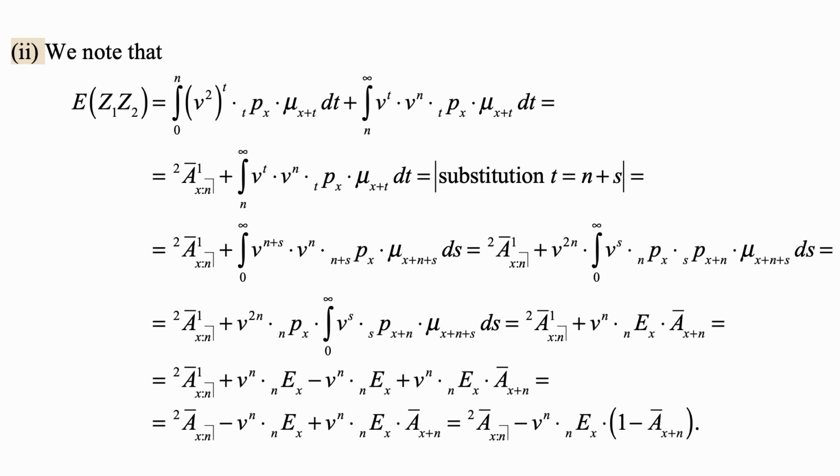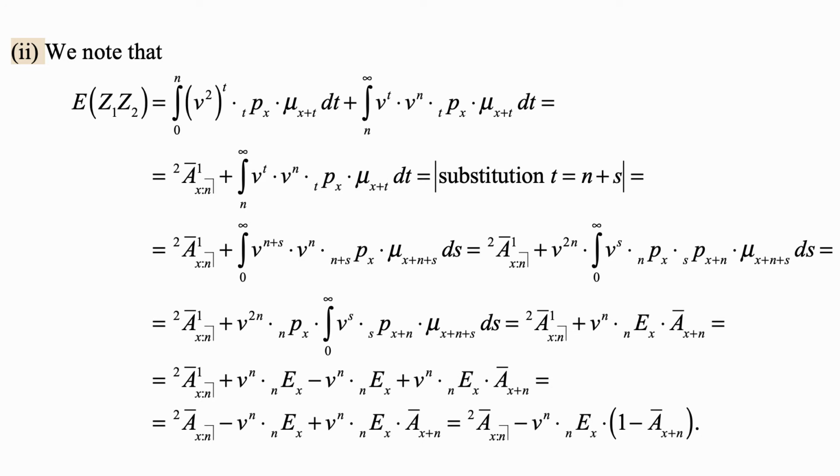The first integral is the second moment of term insurance, so it's 2A bar x:n angle with a 1 above the x. The second integral remains the same: the integral from n to plus infinity of v to the t times v to the n times tpx times mu x plus t dt.